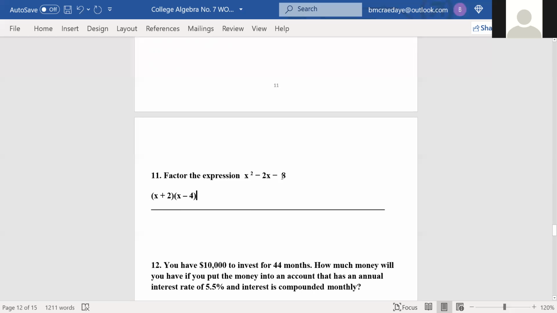So when you factor a quadratic expression, you look at the constant and you look at the coefficient of the x. When you multiply the two numbers, they should give you the -8. And when you add the two numbers, you should get the -2. So a -4 times a +2 gives you a -8, and then a -4x and a +2x give you a -2x. That's how you know it's correct.